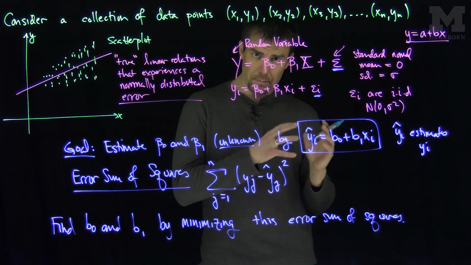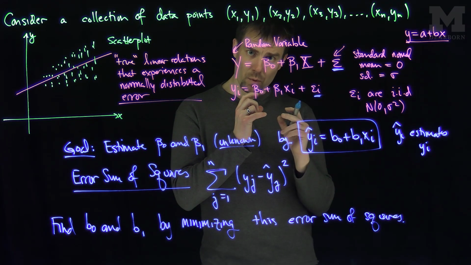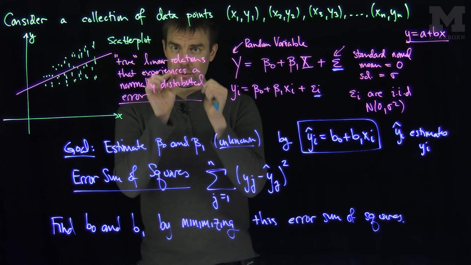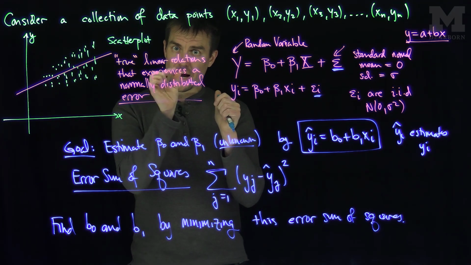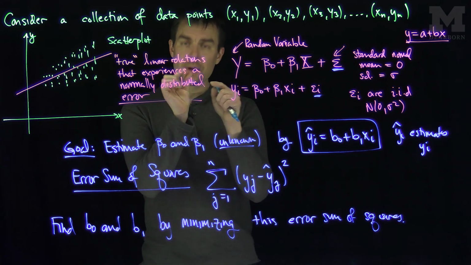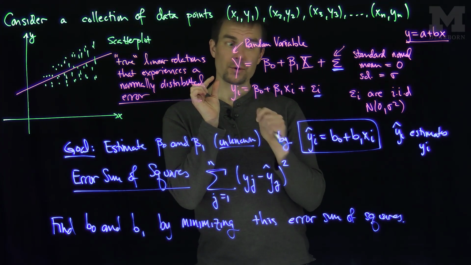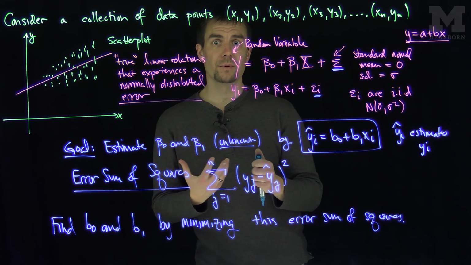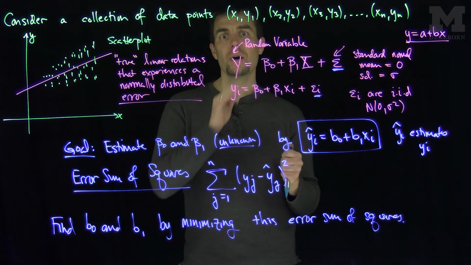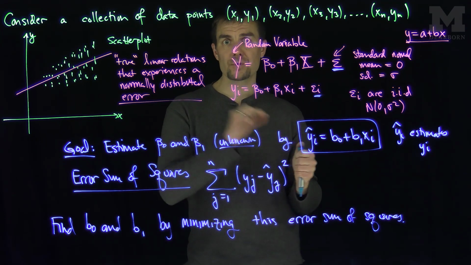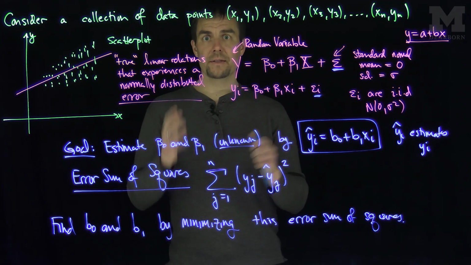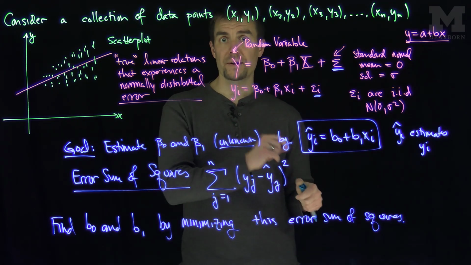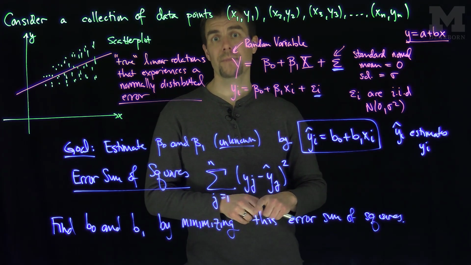And these estimates, b0 and b1, are chosen in such a way that the actual response yi minus the predicted response using this regression tool, quantity squared and added up, is as small as possible. So we seek to minimize the sum of squares of differences of the actual minus the predicted. And we'll see in future videos how we actually compute b0 and b1 as the estimates of beta 0 and beta 1. Thank you very much.